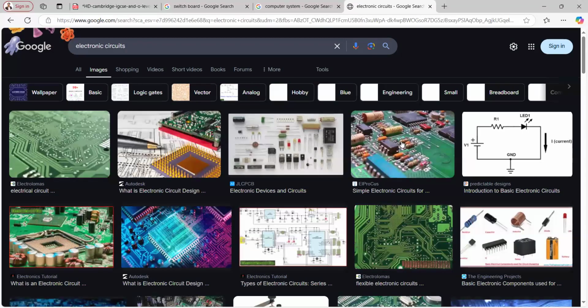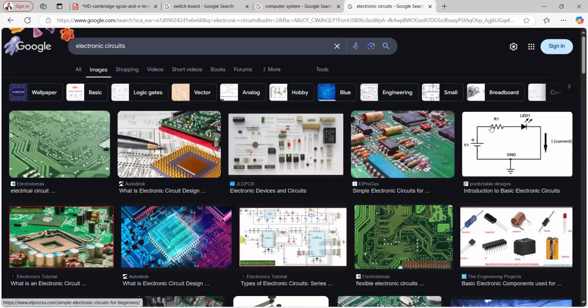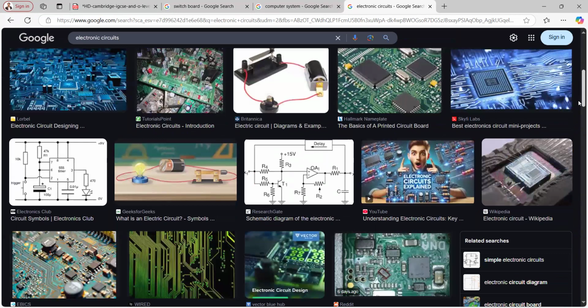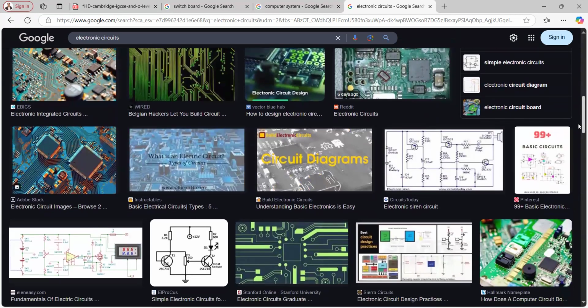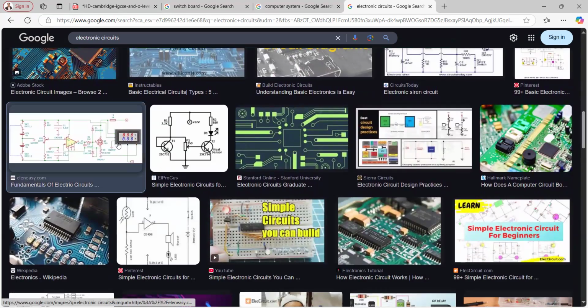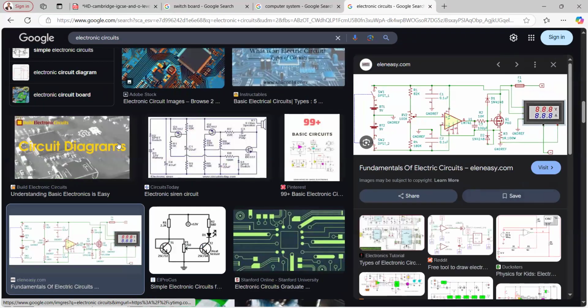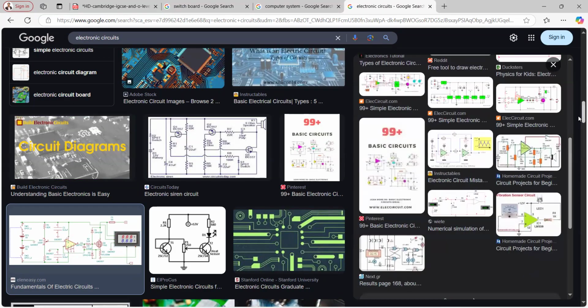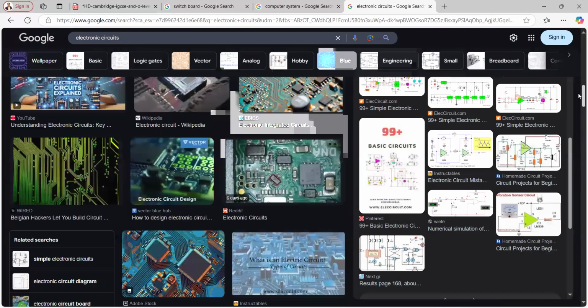The basic concept is that whenever you have electronic circuits, let it be a motherboard, let it be a television, it always involves the use of logic gates. Why logic gates? Because they are responsible for controlling your electric current, your electric mechanism. These are all illustrations and examples of logic gates, showing how the electric current is flowing from one place to another.